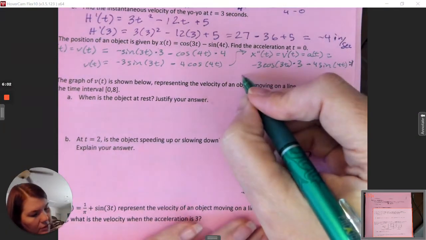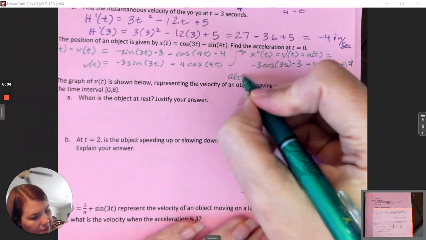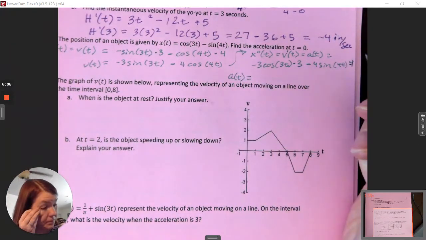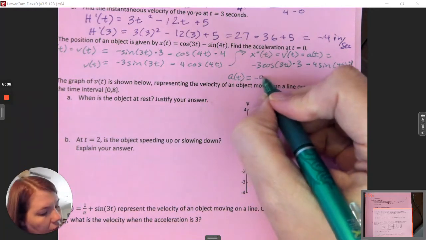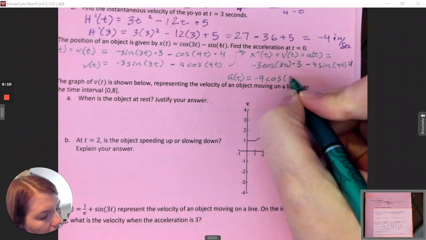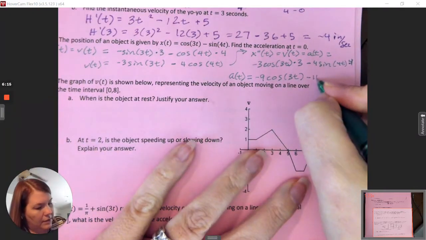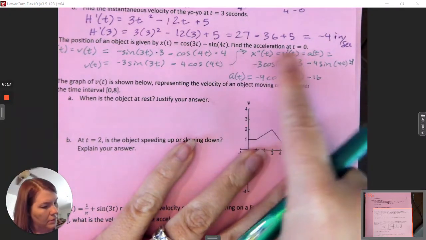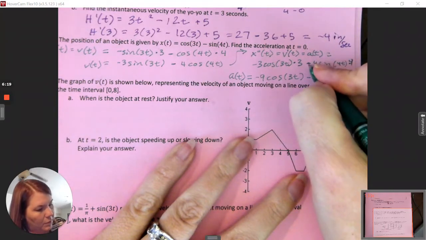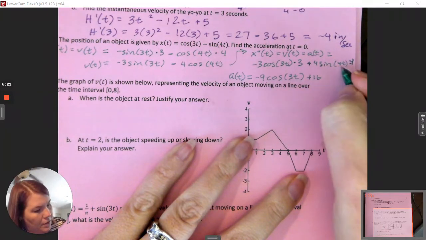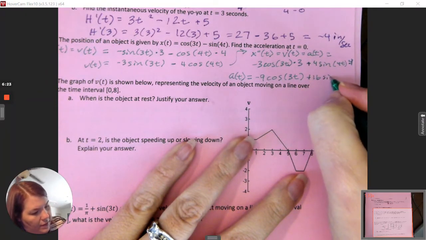We're cleaning up just a little bit. A of t equals negative 9 cosine of 3t minus 16, wait, derivative of cosine, this should be positive, 16 sine of 4t.